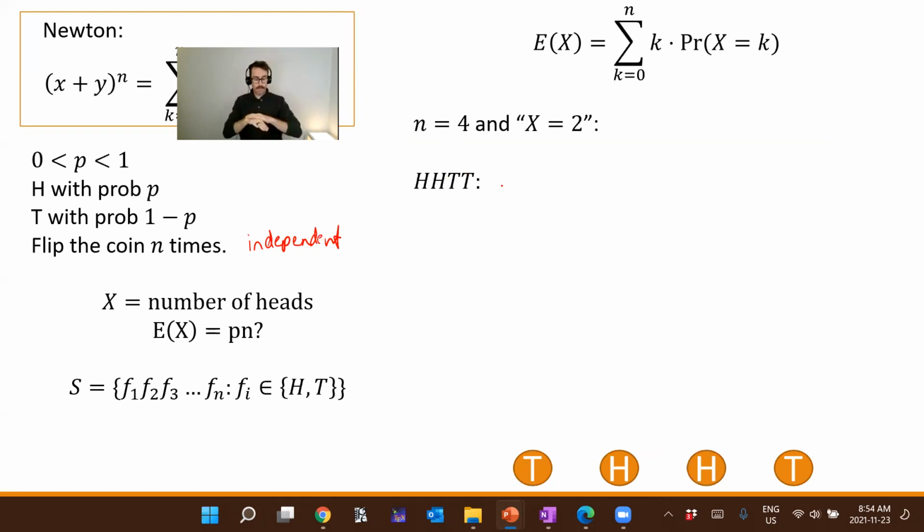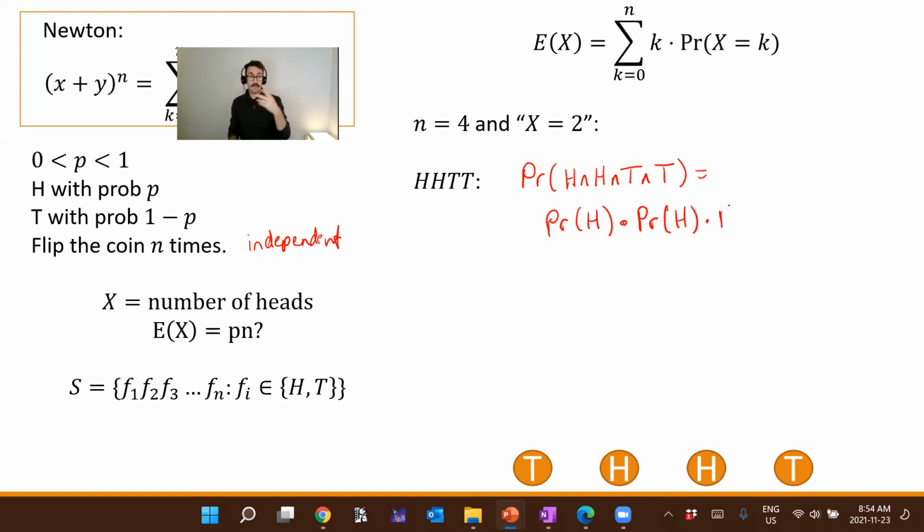So each head comes up with probability p, and the probability of heads, heads, tails, tails equals the product of the probabilities: the probability of heads times heads times tails times tails. That is by the definition of independent events.